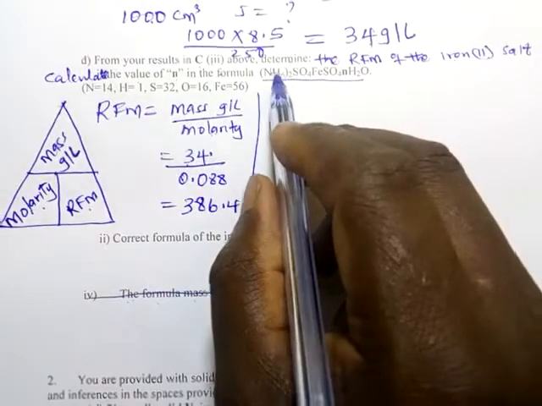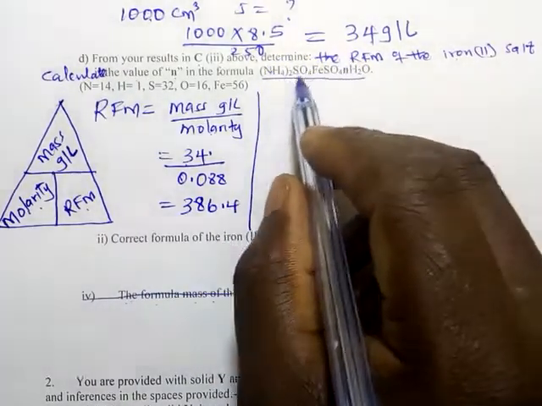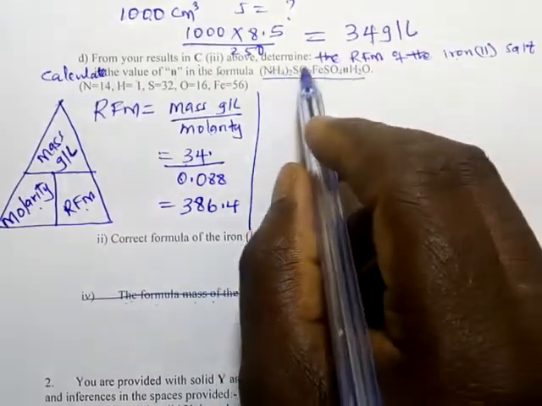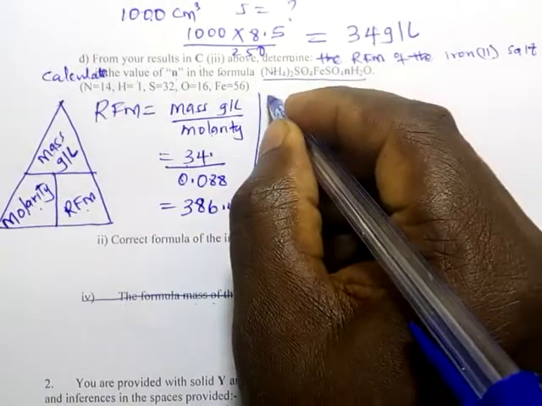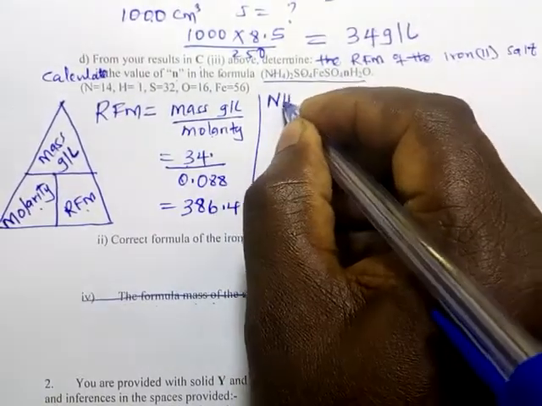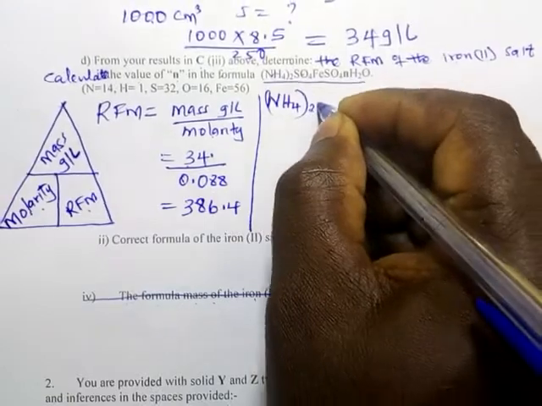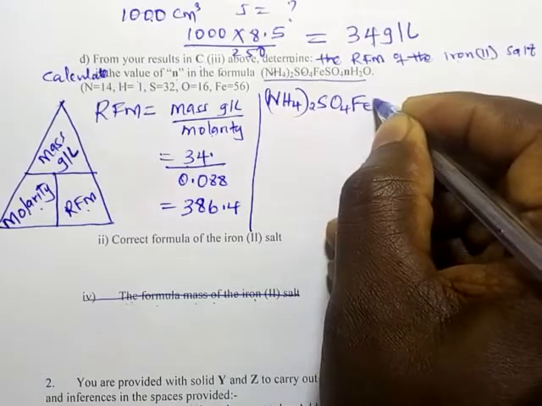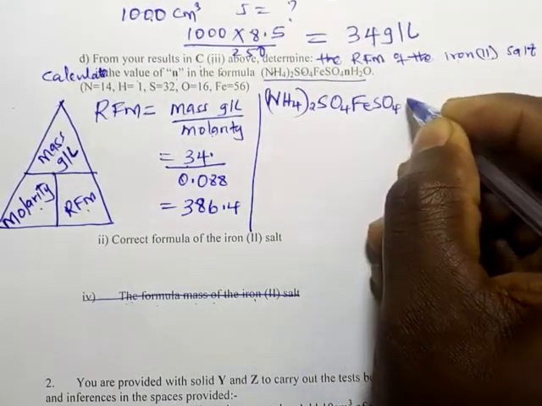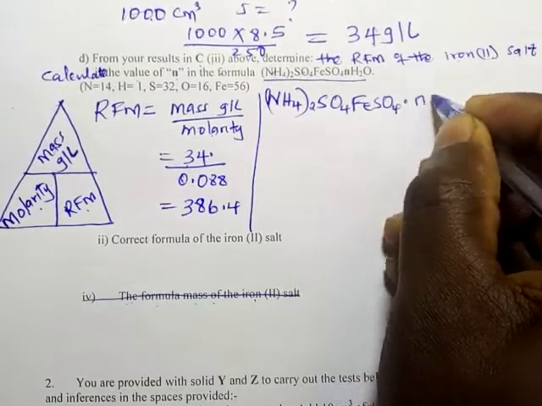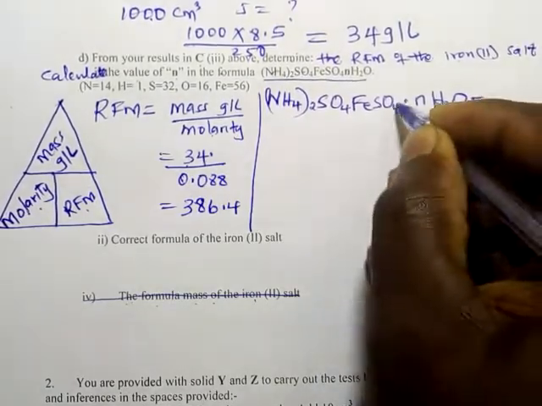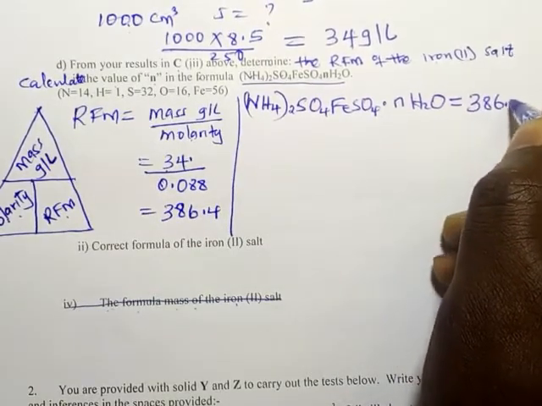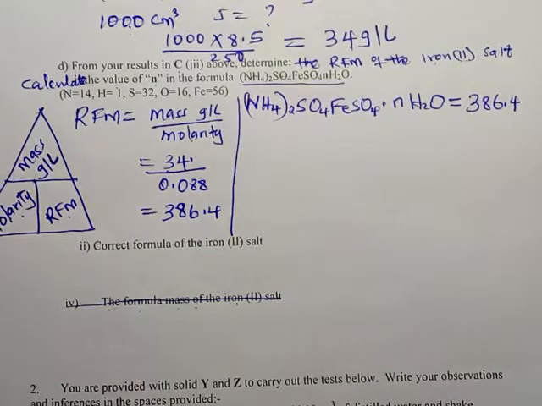But we know that the RFM comes from this formula. When you add the mass of each element here, you will get 386.4.